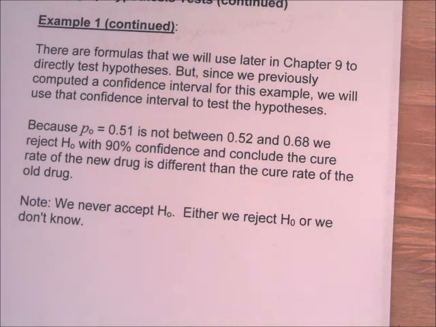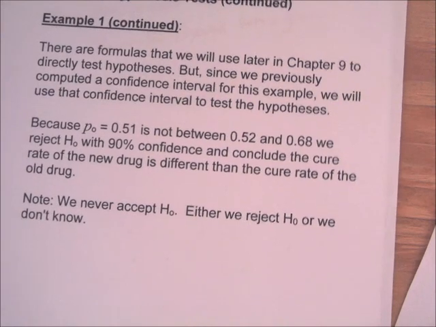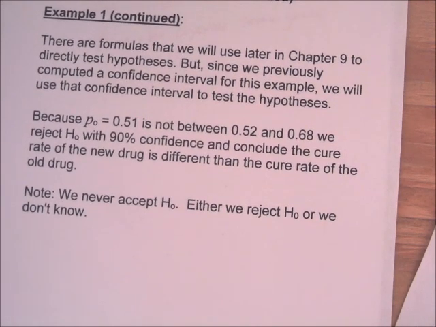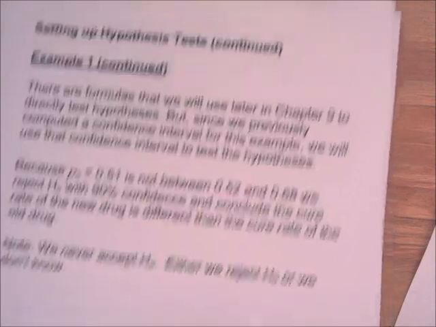And just a note, we never accept H0. Either we reject H0 or we don't know. It might be that a larger sample would provide stronger evidence for rejecting H0. So we never accept H0.